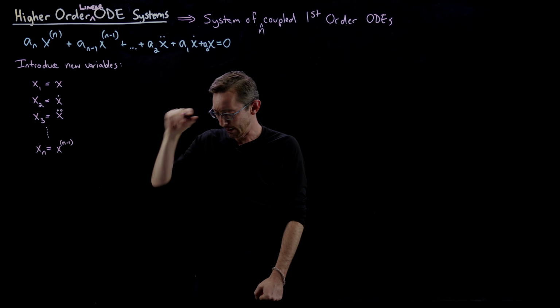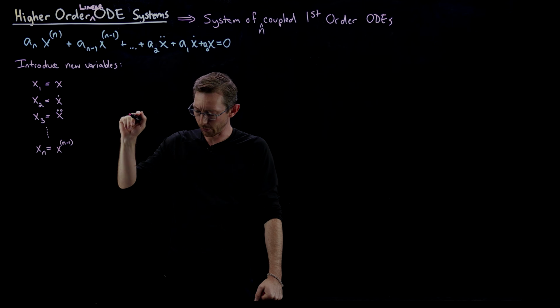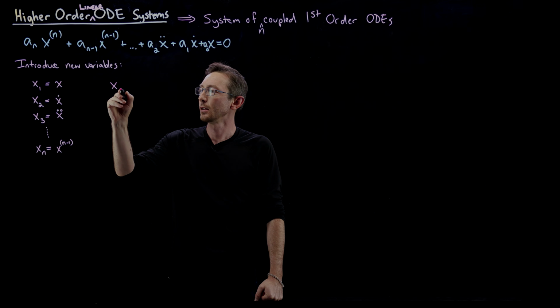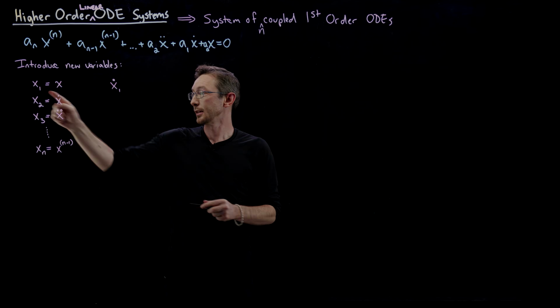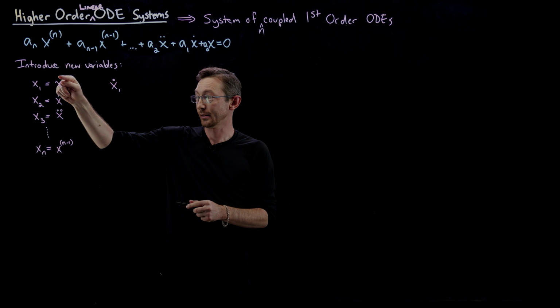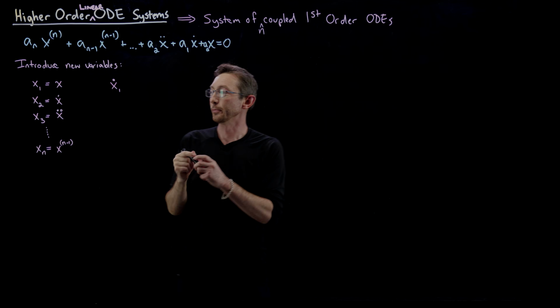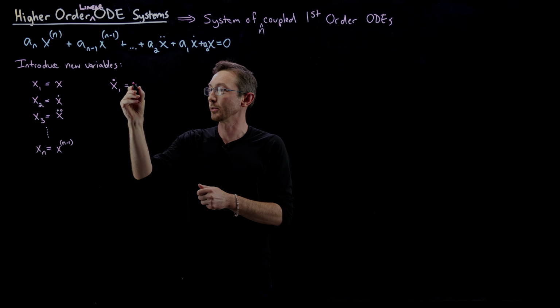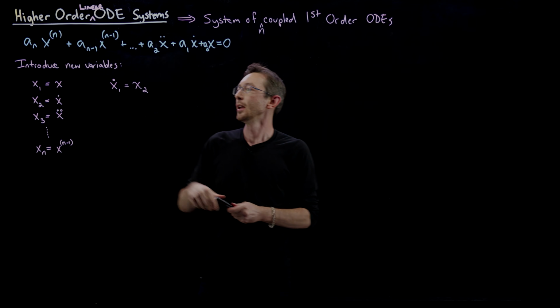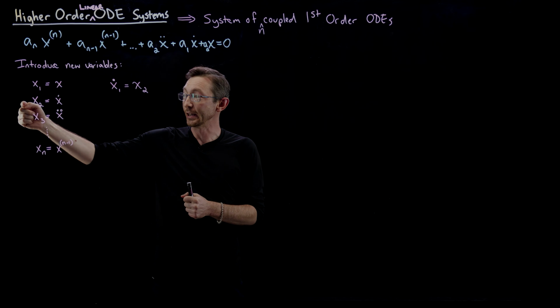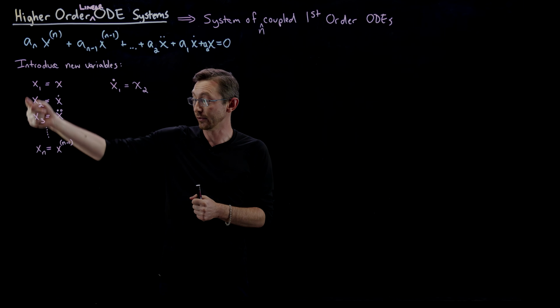So what we're going to write down is, of course, x1 dot is literally just x dot, and x dot is x2. So we say x1 dot equals x2. I'm going to repeat this one time, very important. We're going to take the ddt of each of these variables.